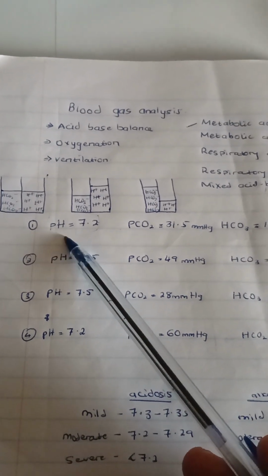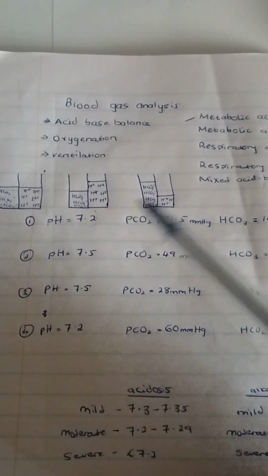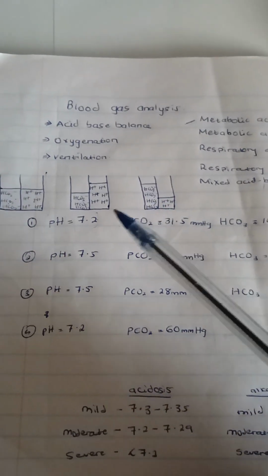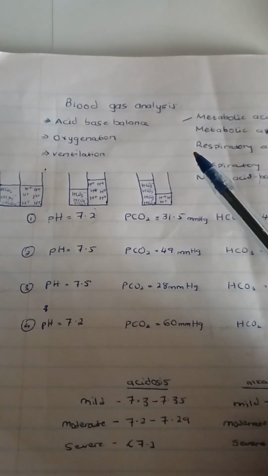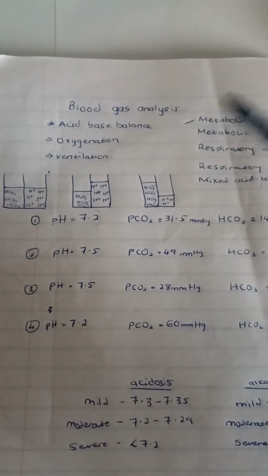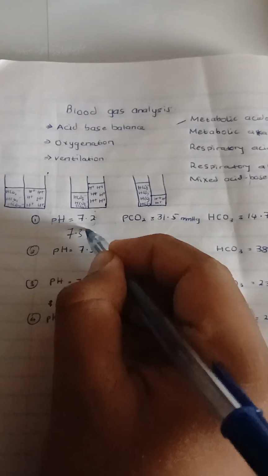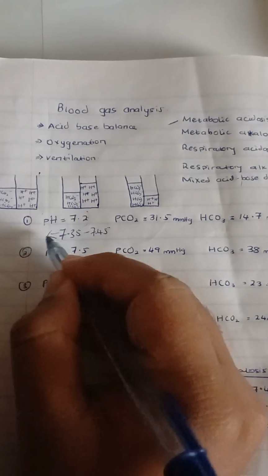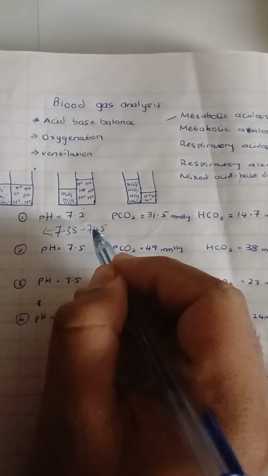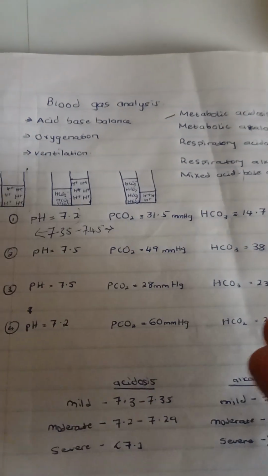Normal reference range of pH is 7.35 to 7.45. There are no units. If pH is lower than normal, that is acidosis. If pH is above normal, that's alkalosis. So if normal is between 7.35 and 7.45, below 7.35 is acidosis, and above 7.45 happens in alkalosis.